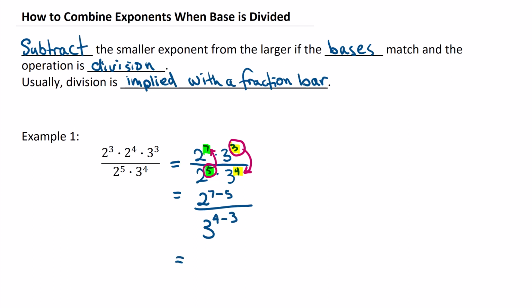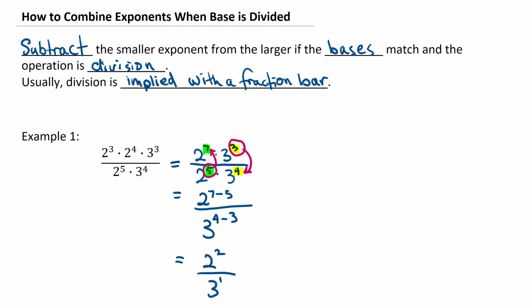And simplifying further, we get 2 to the second over 3 to the first. I could write this as a product, which is 2 times 2, or 4 over 3. That would be my answer. It's okay, though, to leave it just as an exponential.